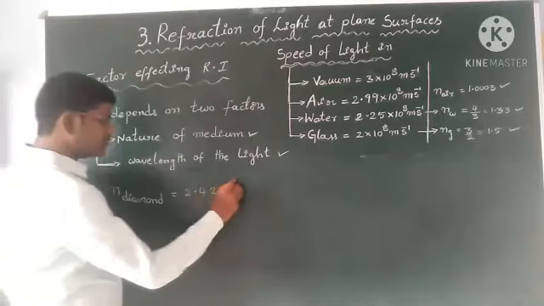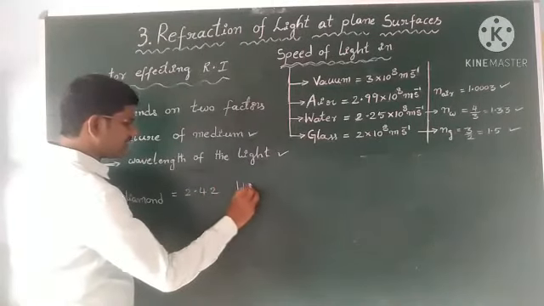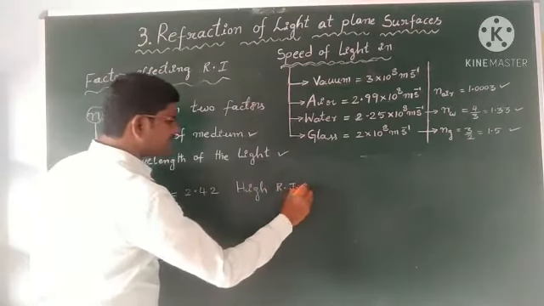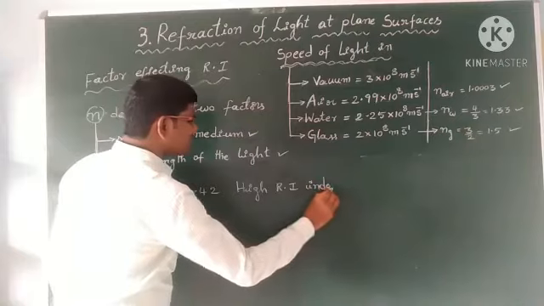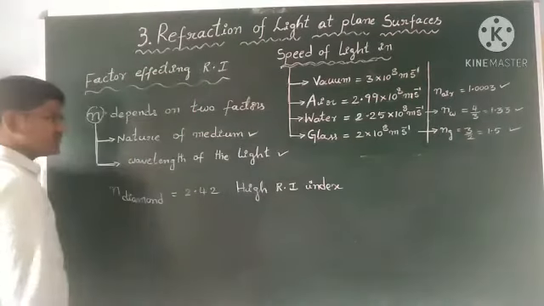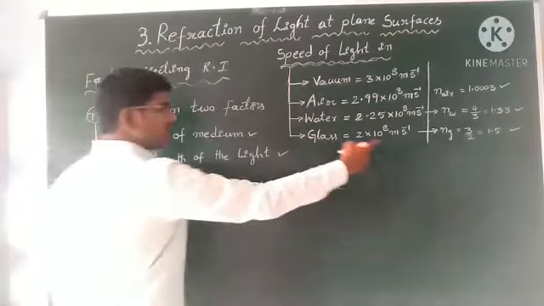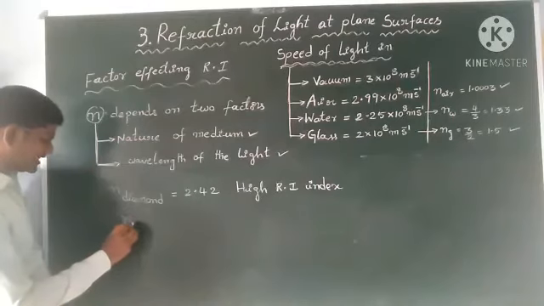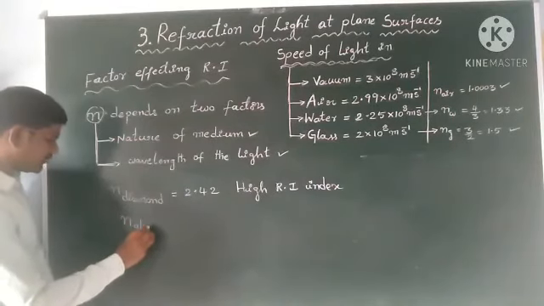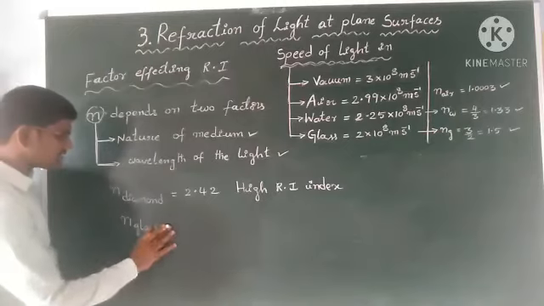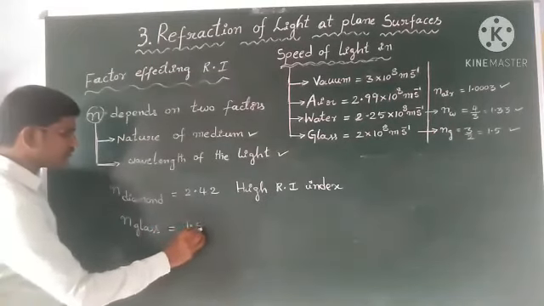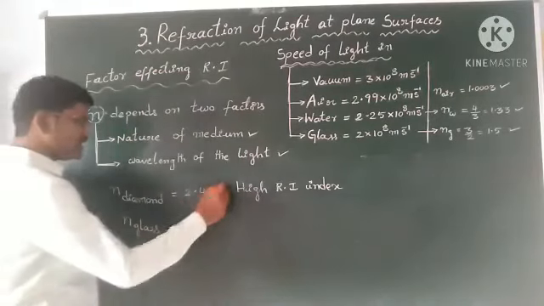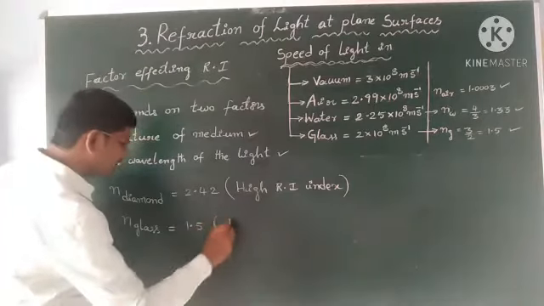Diamond, 2.42, has a high refractive index. Comparing to glass, the refractive index of glass is just 1.5, and benzene is also 1.5.